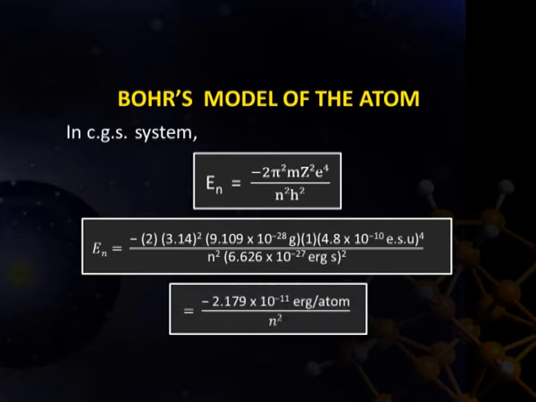Finally, we can get the energy of the orbit equal to minus 2.179 into 10 raised to the power minus 11 ergs per atom upon n square.